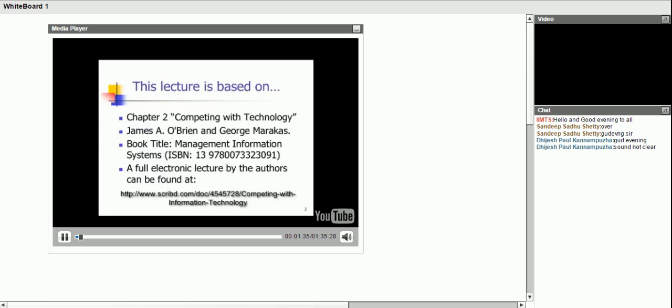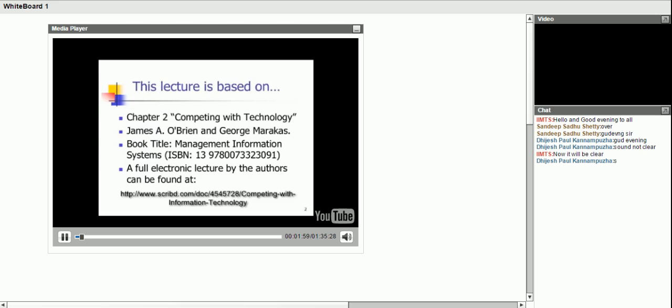And what I'm doing is essentially giving you a lot of information from a lot of different sources, putting it all together. There really is no one, in my opinion, there really is no one good source for strategic management of information technology. You can't talk about information technology without talking about information systems. You can't, and vice versa. So I almost have to pull from a lot of different sources to make this actually worthwhile.